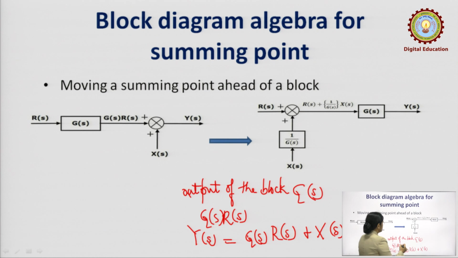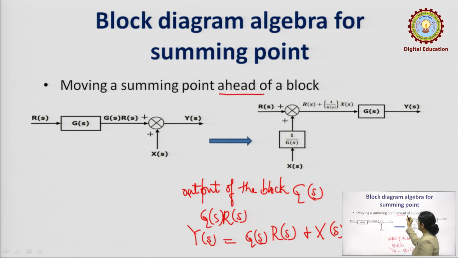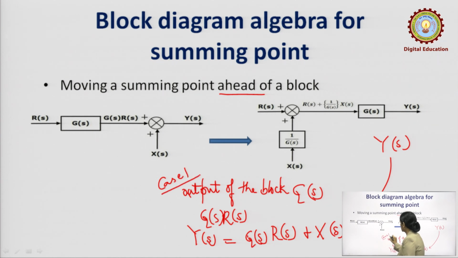It is expected that when the summing point is moved ahead of a block, the y of s should exactly match the y of s in case 1, that is, the first figure.